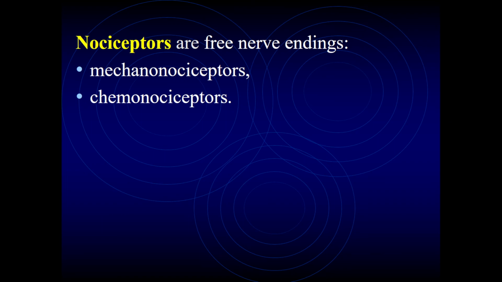They are found in almost every tissue of the body. Nociceptors are absent in the brain tissue, but there are many of them in the meninges.